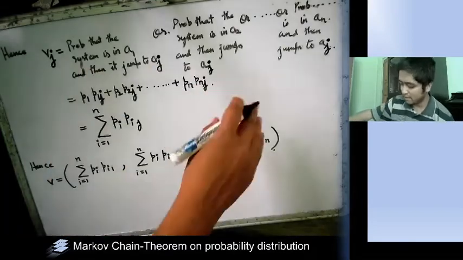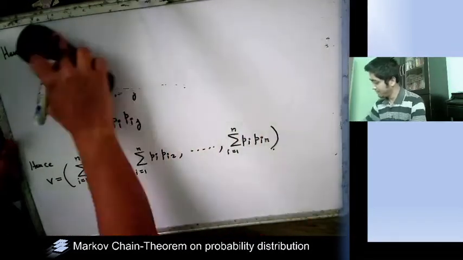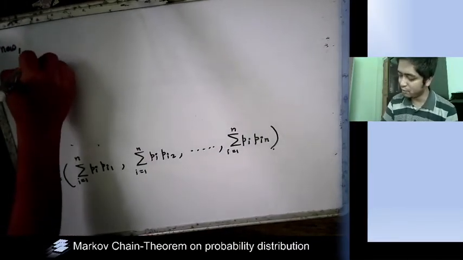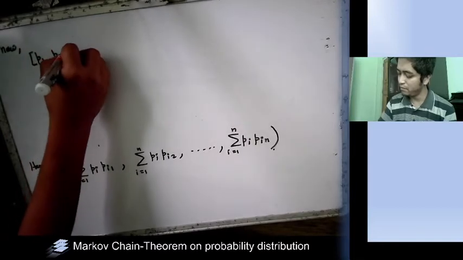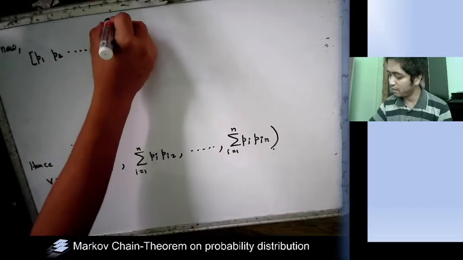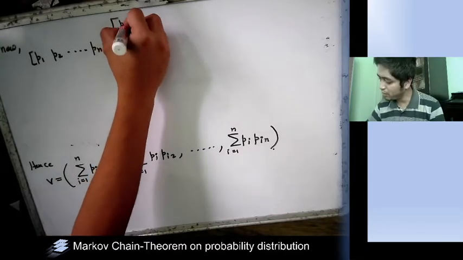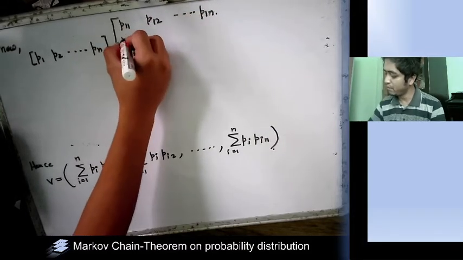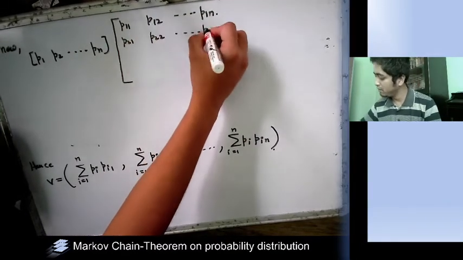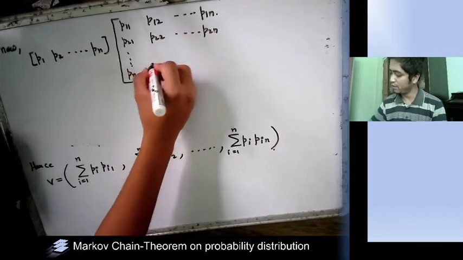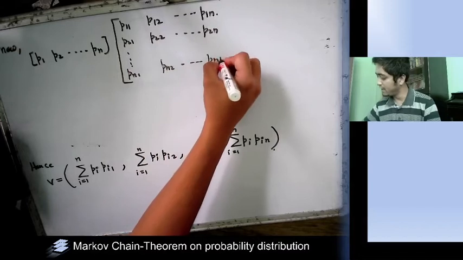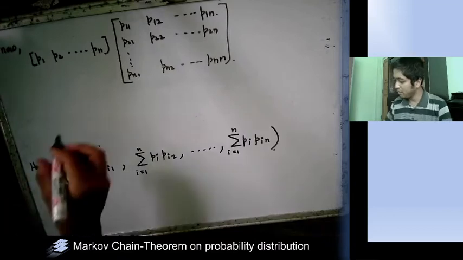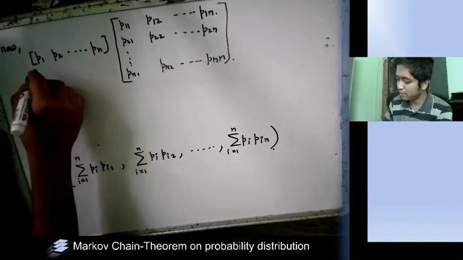Okay, so now we can just multiply. Now let us see what happens if we take this product P1, P2, Pn, and multiply it with the transition matrix P11, P12, P1n, P21, P22, P2n, Pn1, Pn2, Pnn.